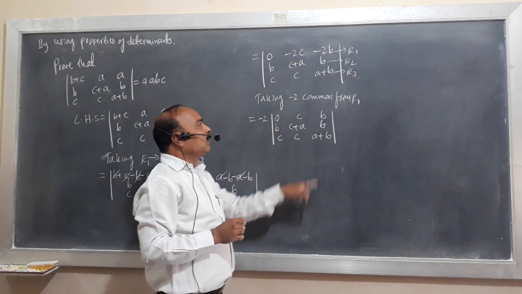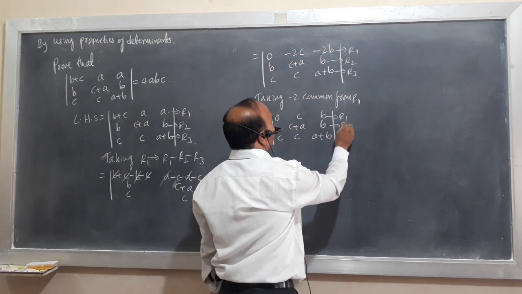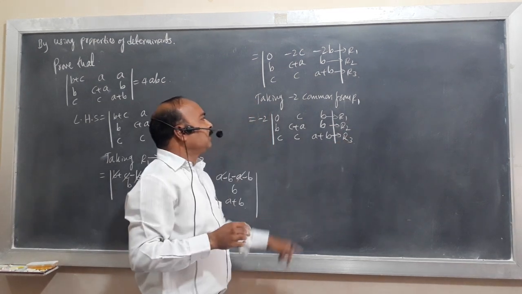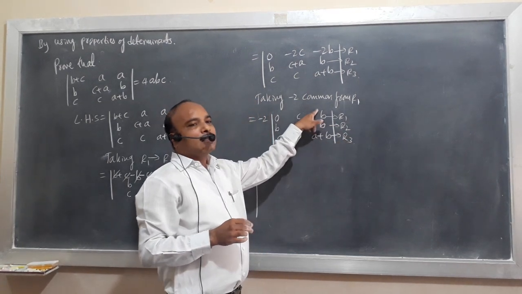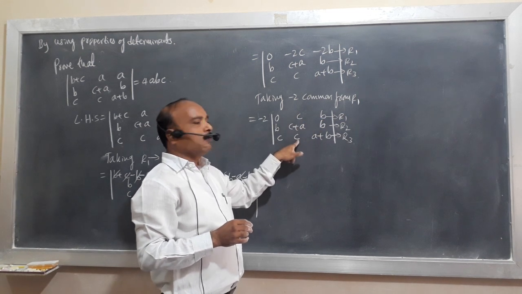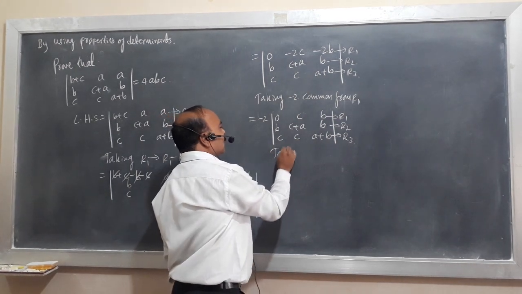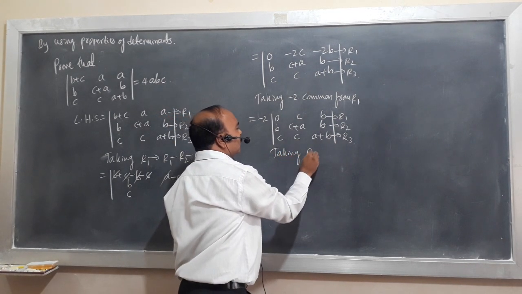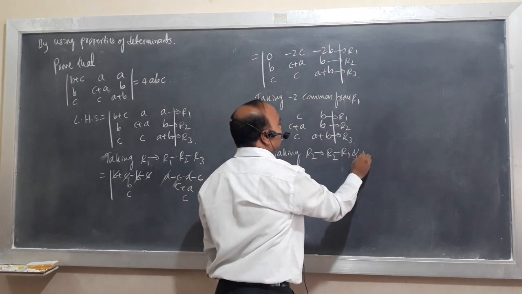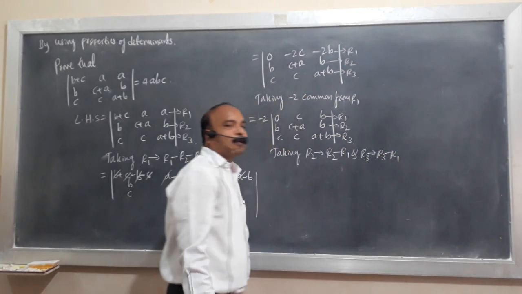This stuff we get. Now we try for 0. For that, if you take this row transformation R1, R2, R3: if you take R2 minus R1 you are getting 1 0, and R3 minus R1 you get here 1 0. For that we take the transformation R2 as R2 minus R1 and R3 as R3 minus R1.